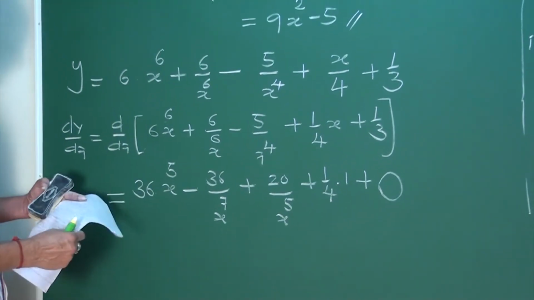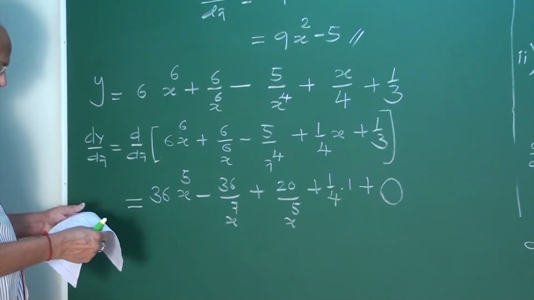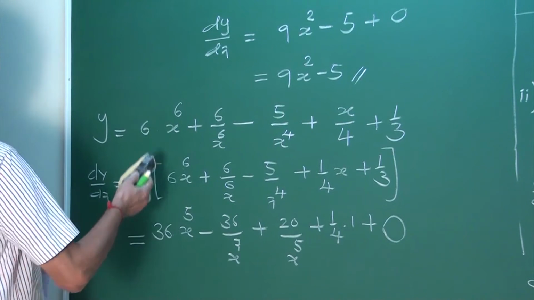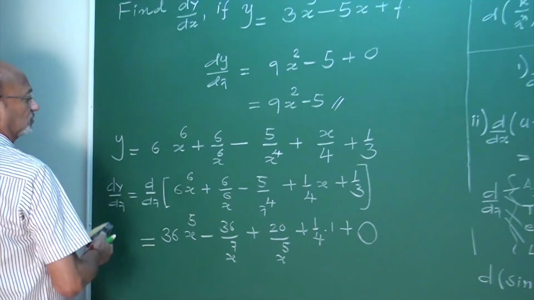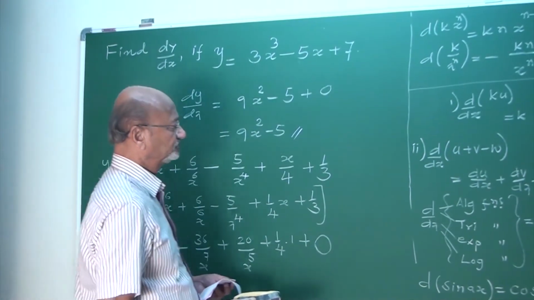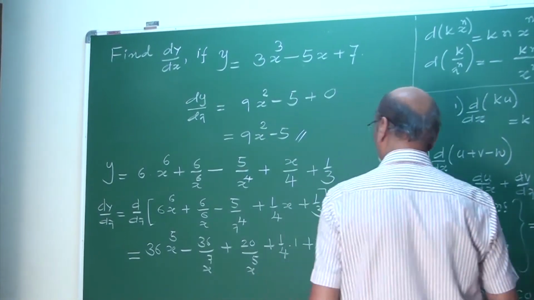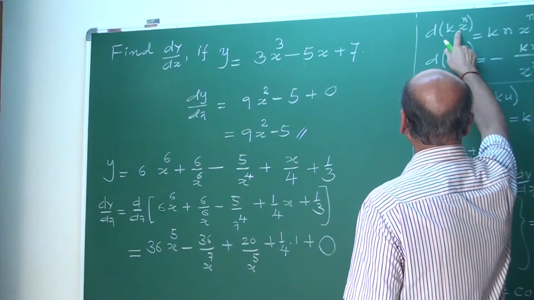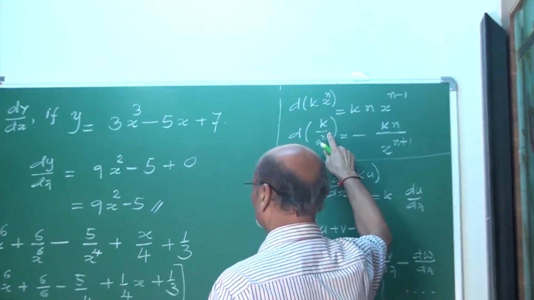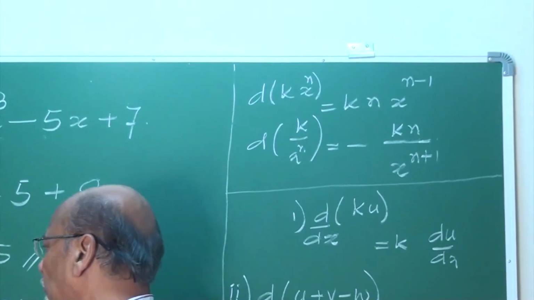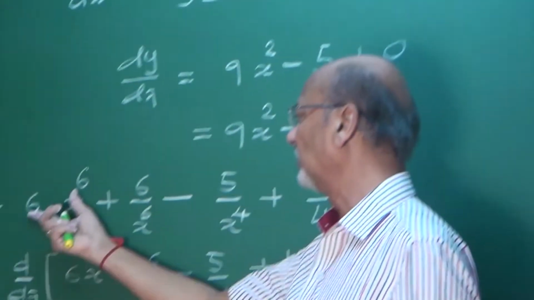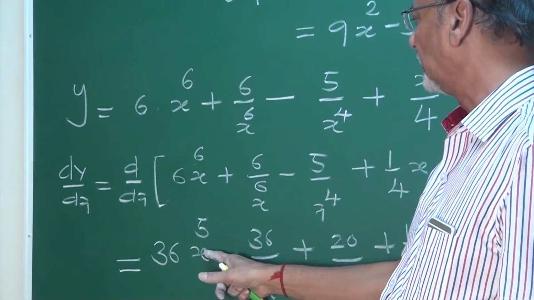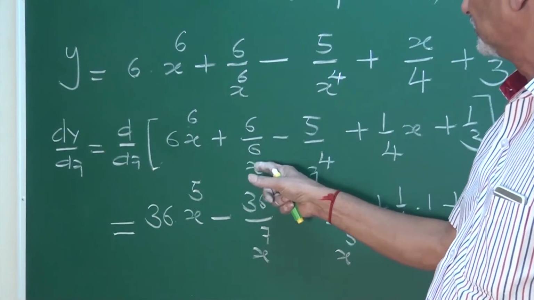So one more I do, another one or two I give to you yourself. Y equal to, I hope it is clear. I used these two, k into x to the power n, k upon x to the power n. k into x to the power n, kn multiplication. 36, 1 power less. Derivative of this, down.